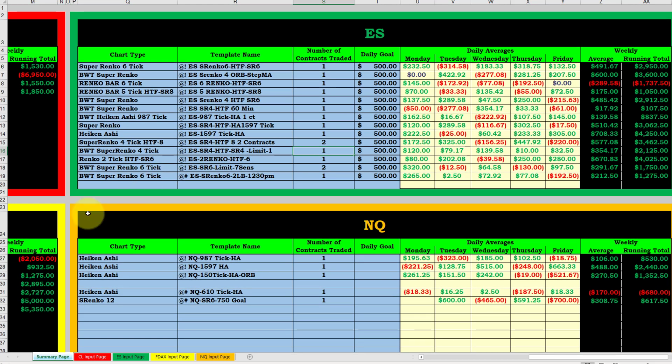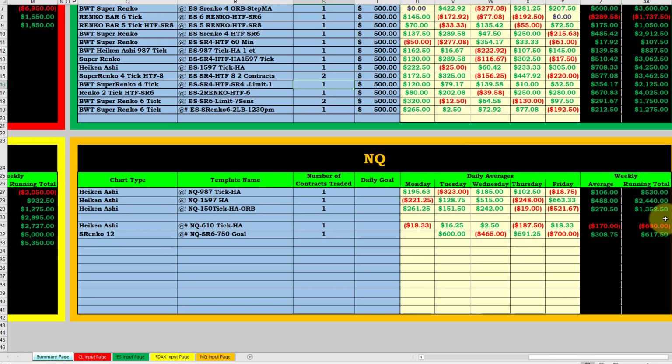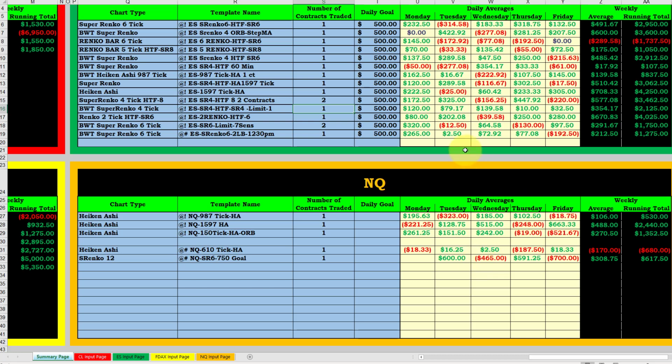The NASDAQ also showing good from inception here. And so yeah, the spreadsheet helps show us what's happening, just trading 100% automated with no hands-on interference.